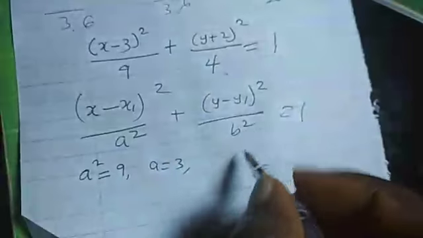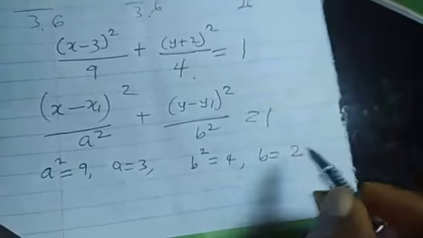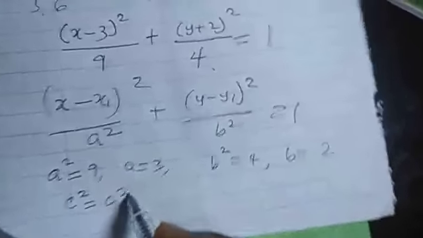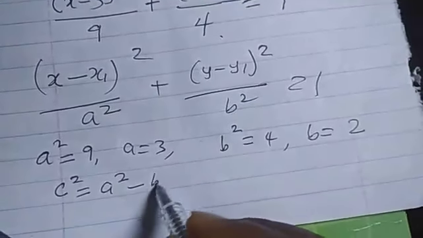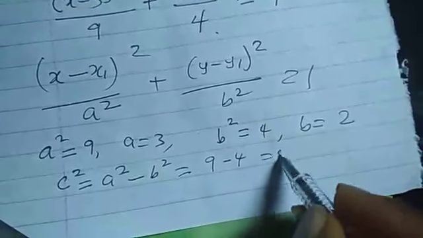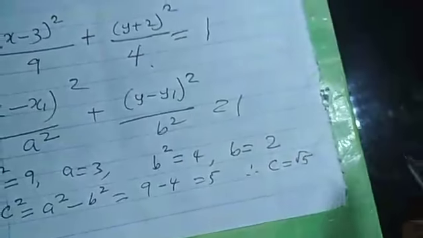I can quickly deduce that b squared is 4, b is 2. But we need our c. We know that c squared is a squared minus b squared. This is 9 minus 4, that is 5. Therefore, c is equal to square root of 5.